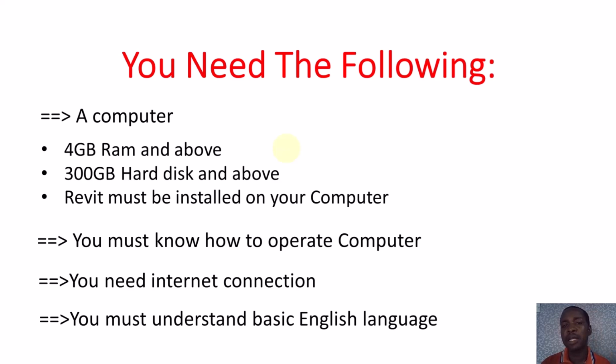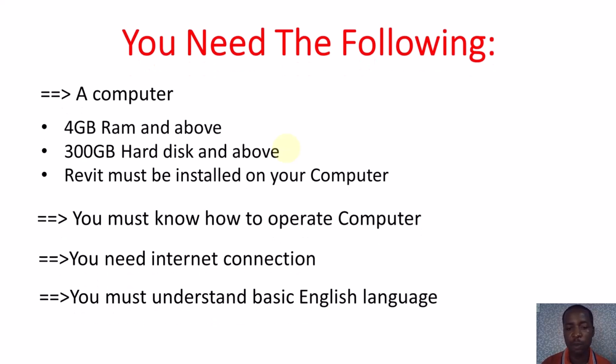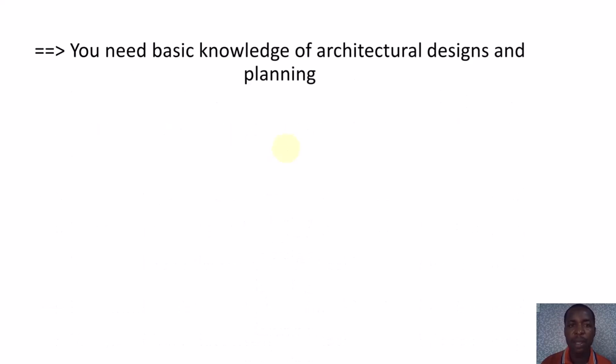So English language is very, very important if you must learn Revit Tutorial Masterclass. And you need basic knowledge of architectural designs and planning, because what we teach here is Revit Architecture, and we believe that you already know how to design. Now the interpretation of what you know how to design into Revit is what we teach here.